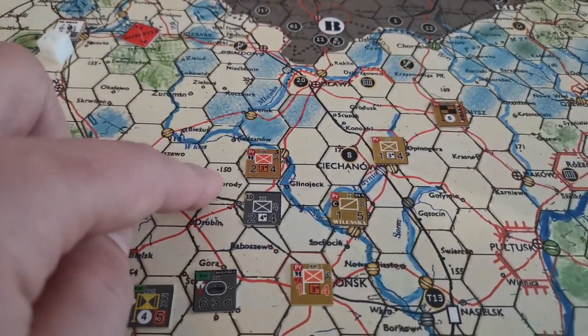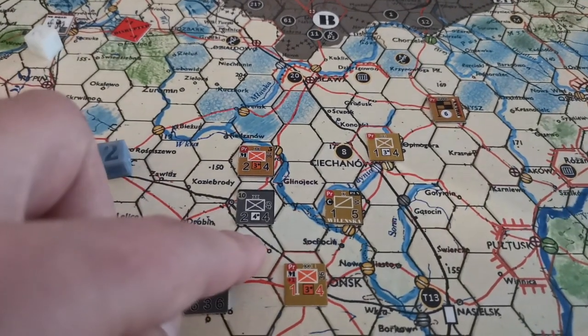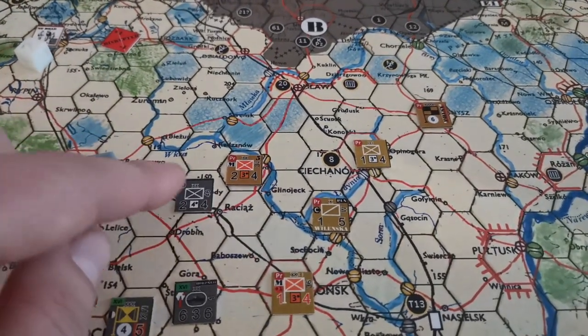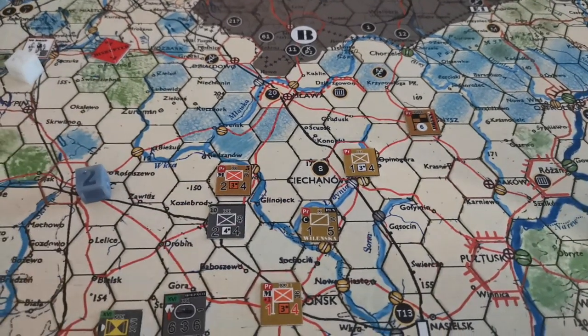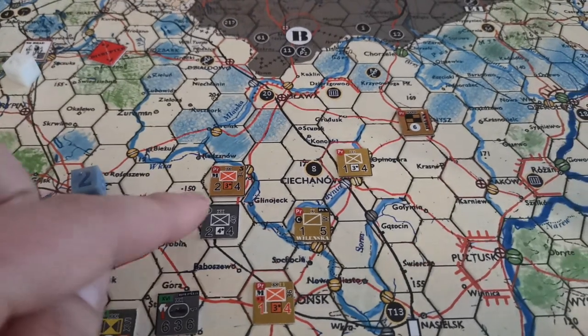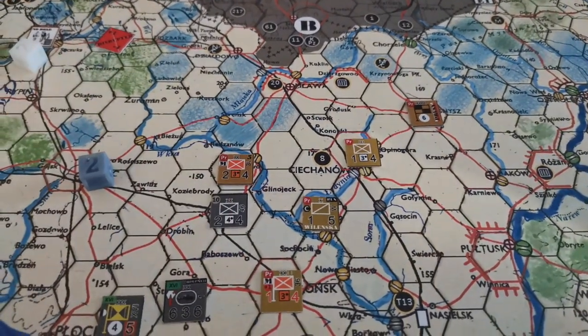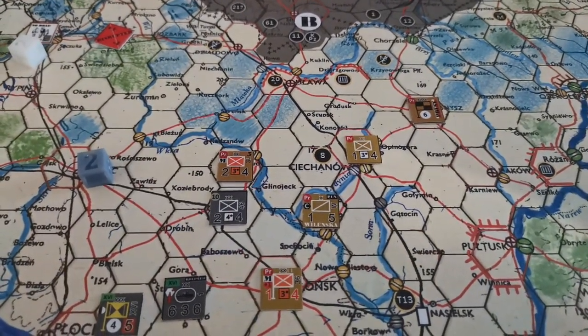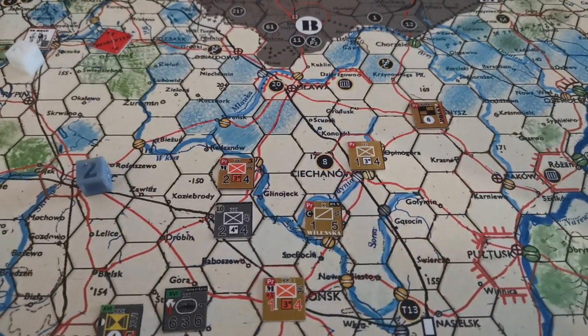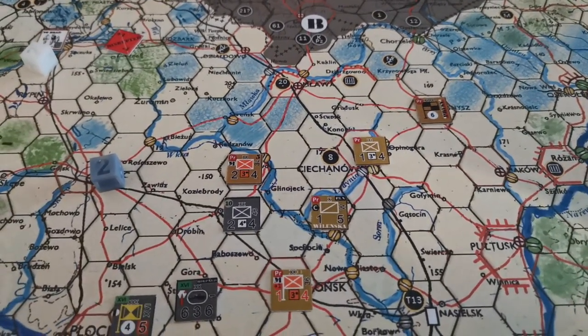So 2 for clear terrain and 2 for moving in ISOC, and the unit has 4 movement points, so there's no problem. This unit can go this way. But in this case, there's an additional +1 for the river, which means this unit cannot move this one minimum hex because it doesn't have sufficient movement points.